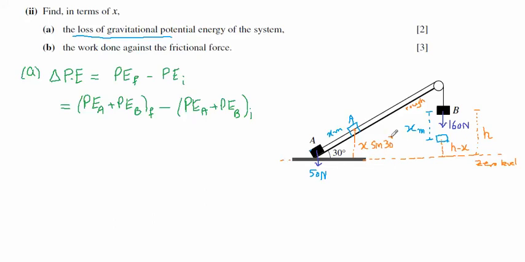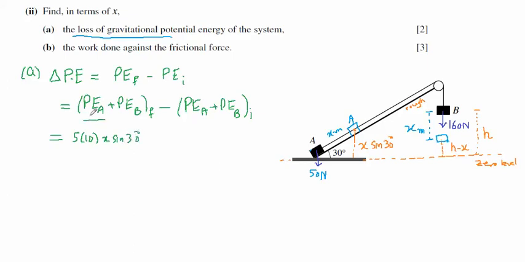Now we have the initial and the final heights of both the objects, so we can easily calculate the change in the potential energy. The change in the potential energy will be potential energy of A final. Finally object A is here, so it means mgh of A: m times g, which we always take as 10, into height x sine 30.